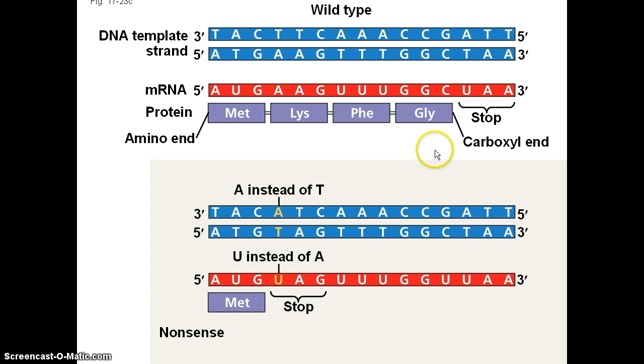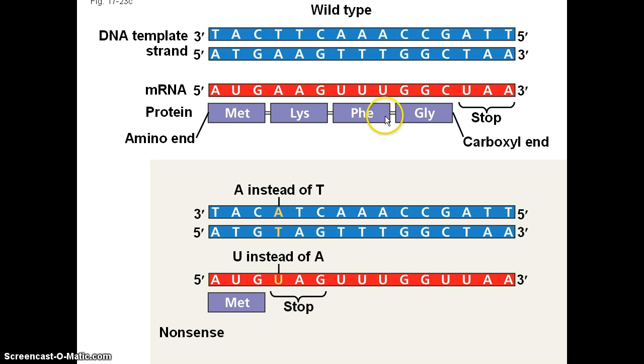Now, there are worse case scenarios also. Here we have the wild type. There's your amino acid sequence, or your polypeptide, that's being created. Occasionally, a mutation can occur that leads to a premature stop codon.